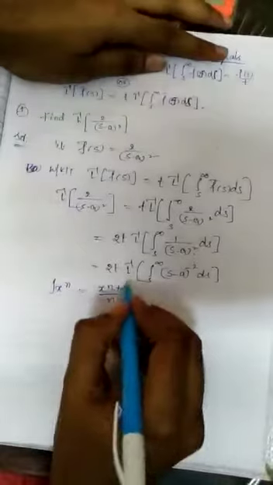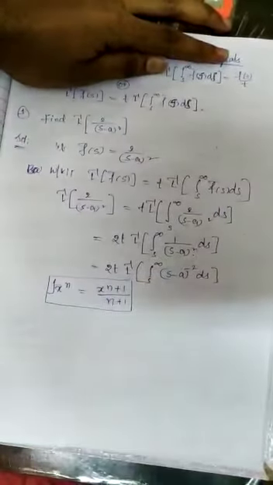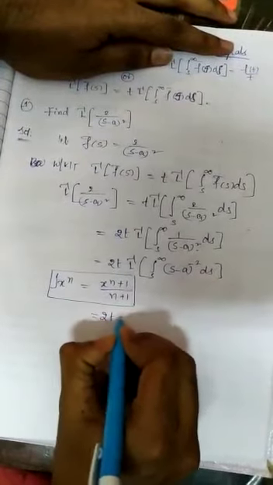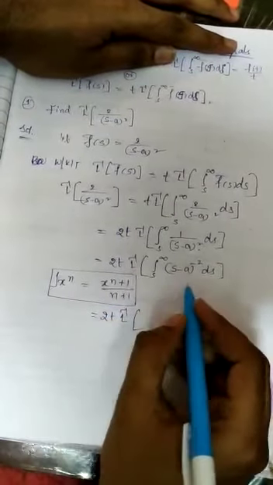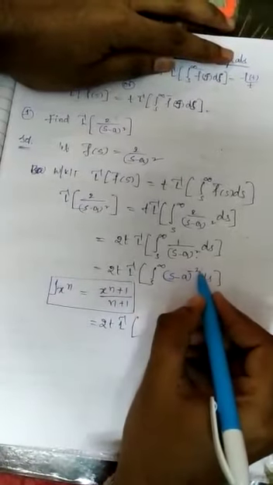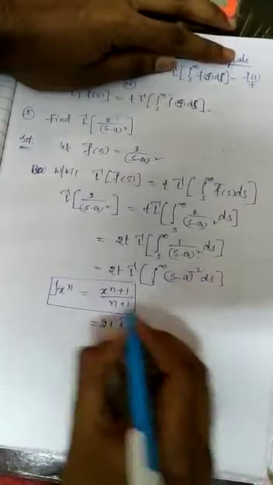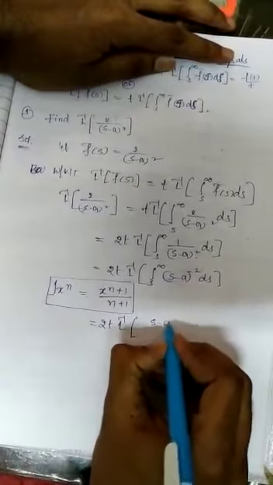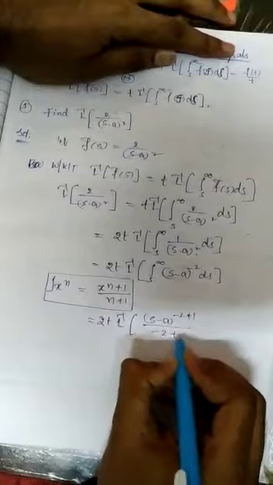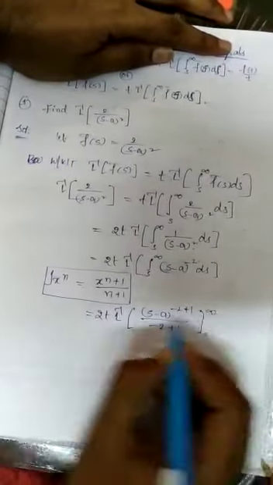Here n is minus 2, so we get (s minus a) to the power of minus 2 plus 1 by minus 2 plus 1, with limits s to infinity.